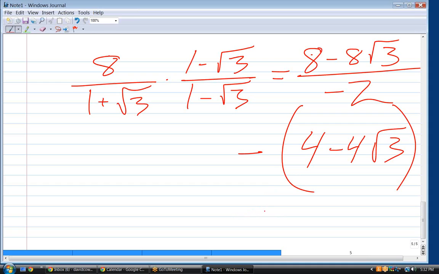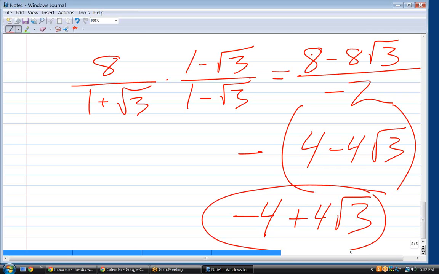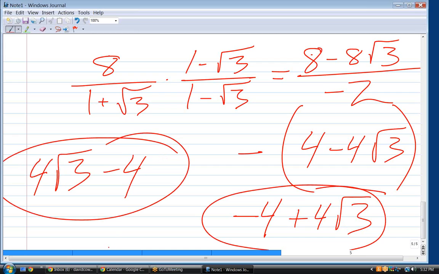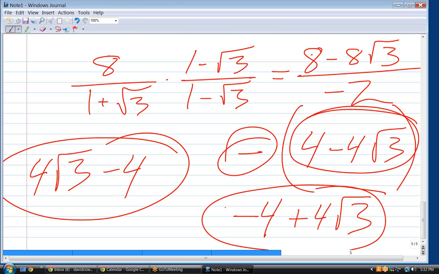That becomes minus 4, and then the negative times a negative turns into a plus 4 root 3, and this becomes 4 root 3 minus 4. So that's how I got that answer, starting with this answer. In other words, I reversed the two terms because of the negative sign.